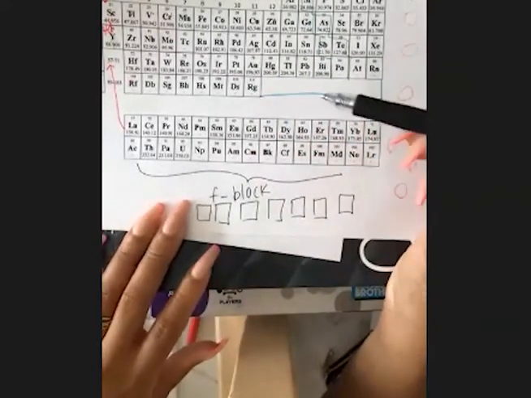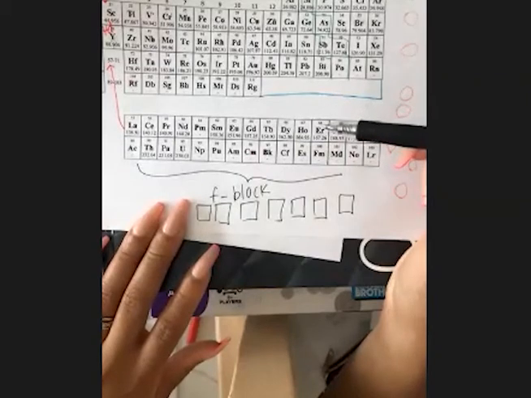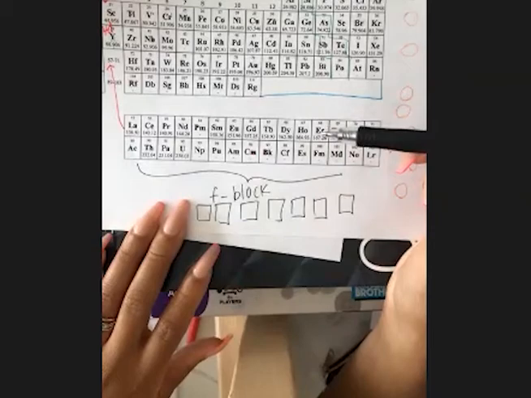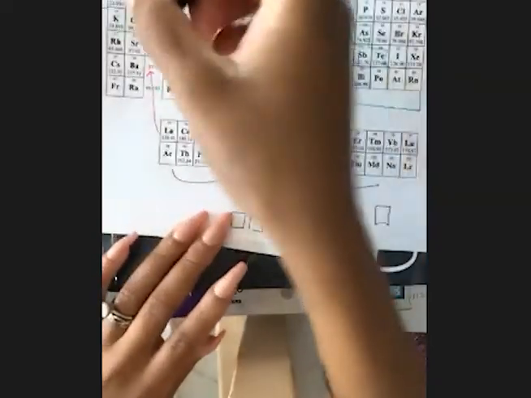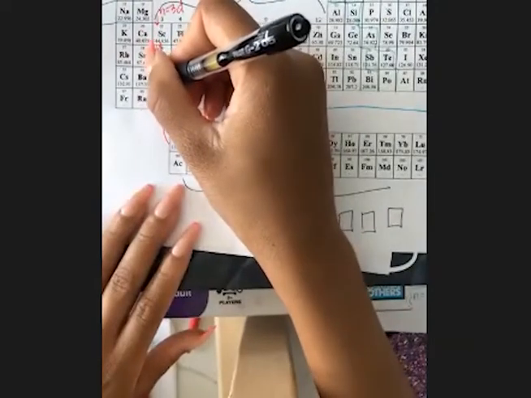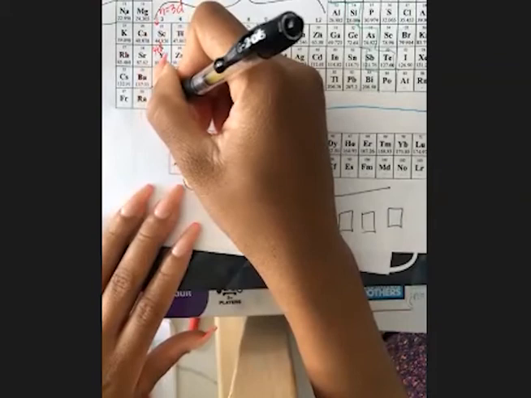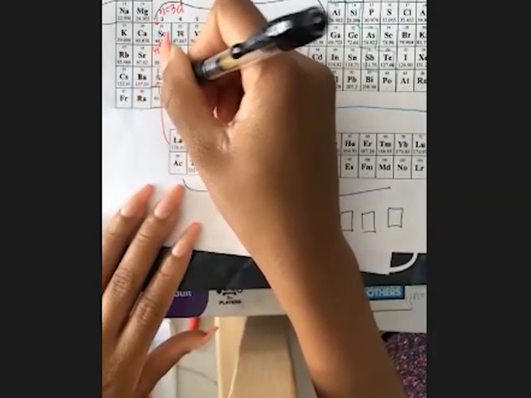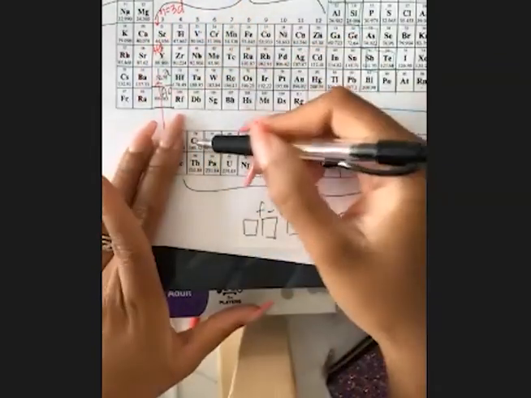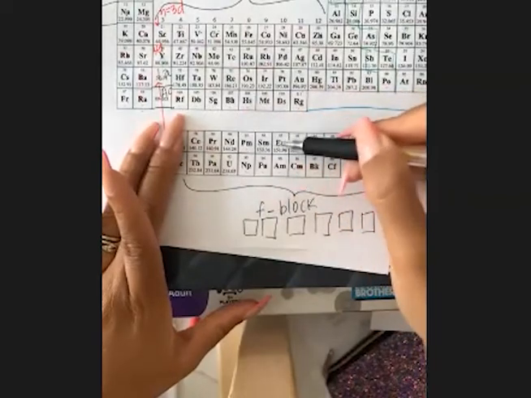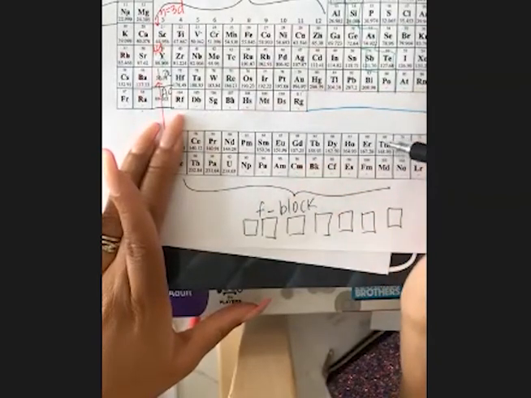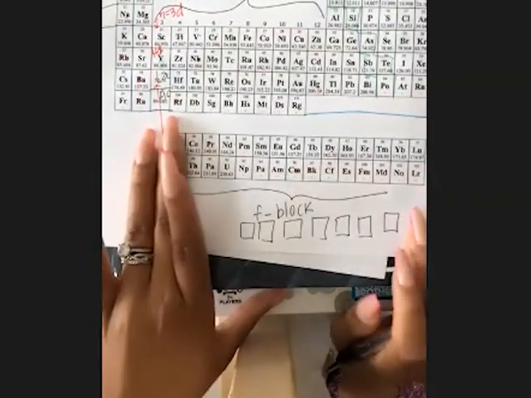And that's because of the 14 different elements in the F block. Now, most periodic tables put this right here and this right here. So the 14 really is 1, 2, 3, 4, 5, 6, 7, 8, 9, 10, 11, 12, 13, 14, and not those first 2.